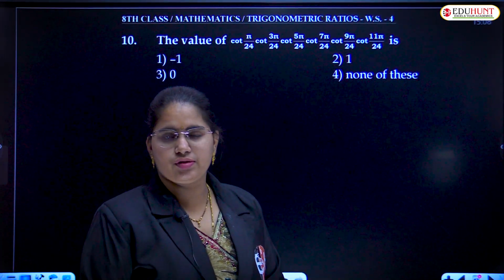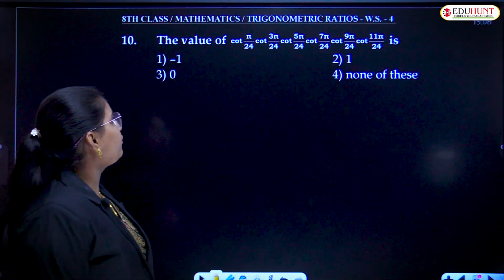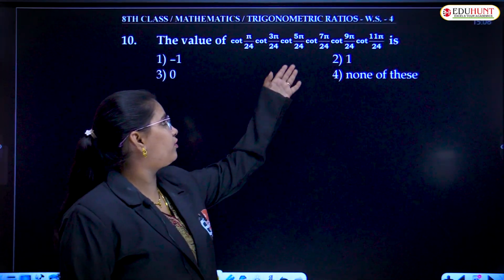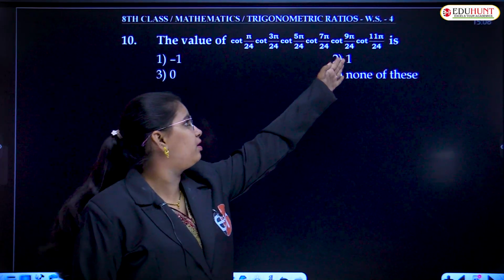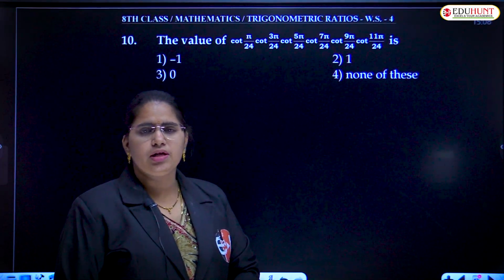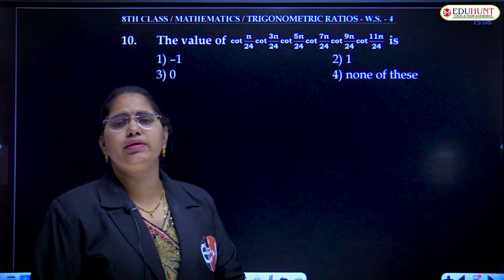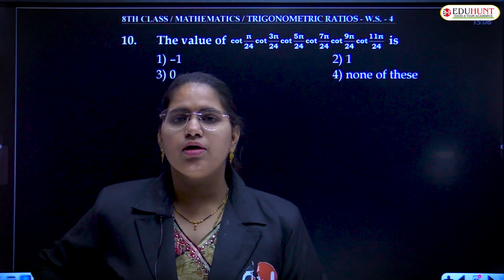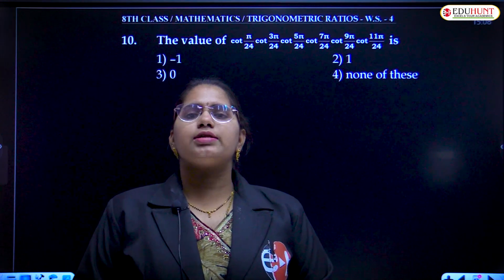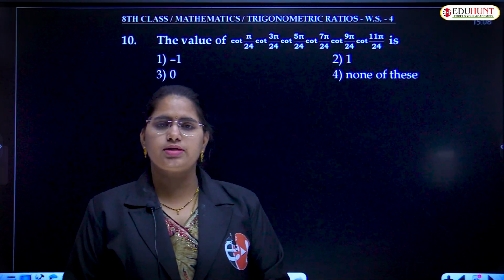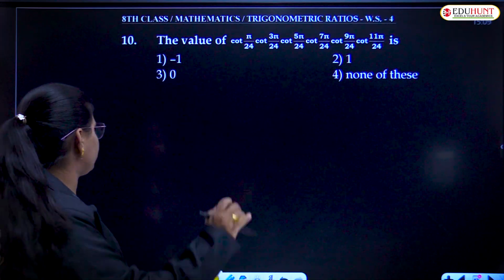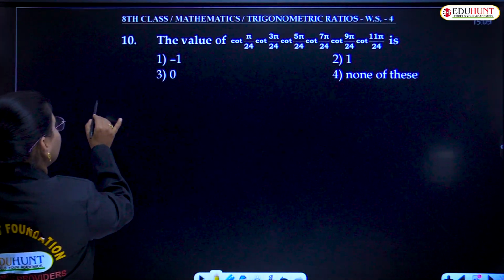A beautiful question, right? The value of cot pi by 24, cot 3 pi by 24, cot 5 pi by 24, 7 pi, 9 pi, 11 pi. These are all in the radian system. If you are saying pi, it is in a radian system, right? Let's convert this into degrees format. Let's start the problem.